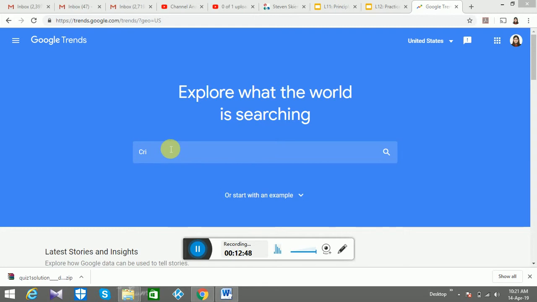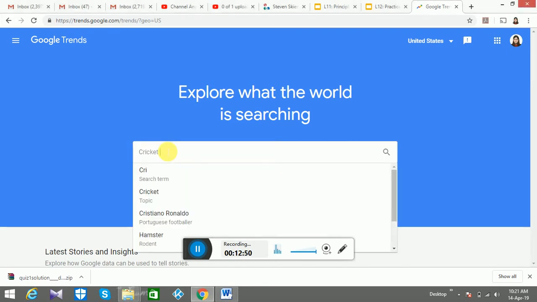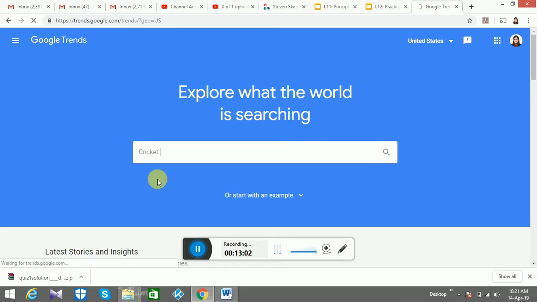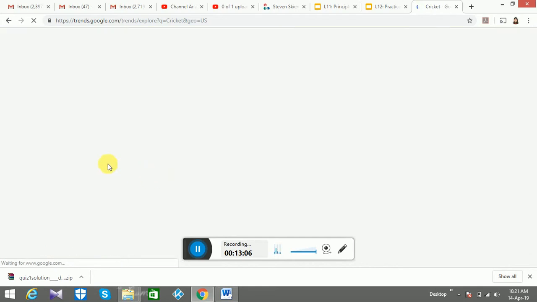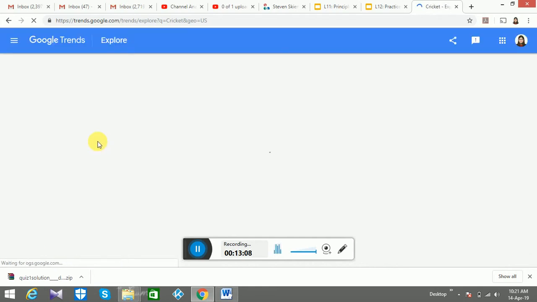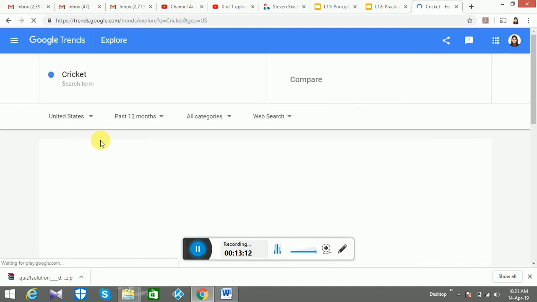So for instance, if I write here cricket, and there is a cricket wireless company in the US, but cricket as a search term in general, and I compare it with baseball, which is a similar game, let's see how the trends look.